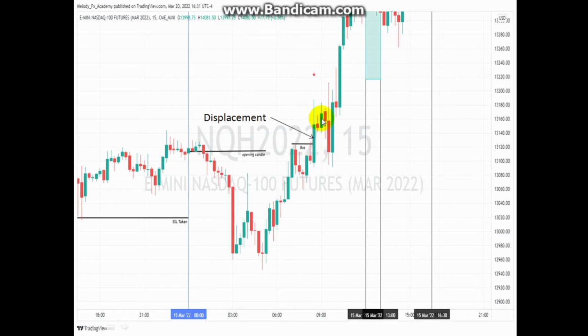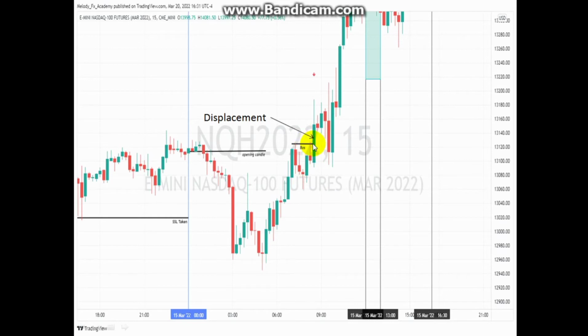Remember, we are looking for one of two things. For higher prices, we are looking for an old low to get taken out, the first swing low prior to 8:30 a.m. We are looking for price to trade below it to grab sell side liquidity, and that is where we can anticipate our entry.